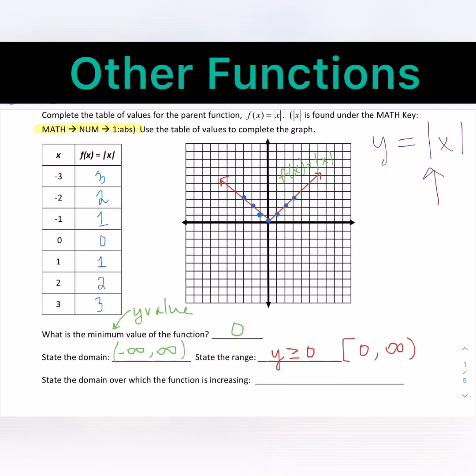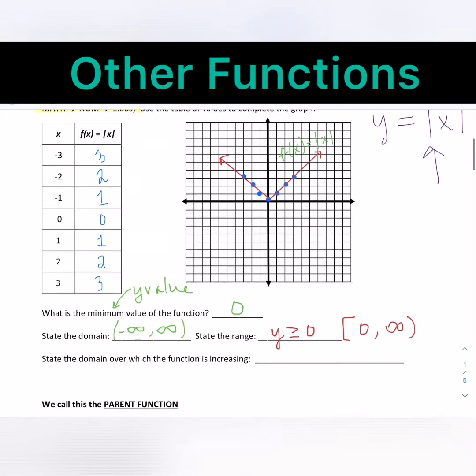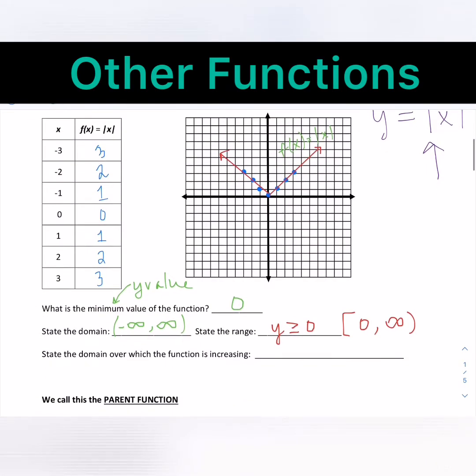All right, and the last question here is, state the domain over which the function is increasing. Now, I want you to look along this graph. Let me change the color so you can see this clearly. This function is decreasing, decreasing, decreasing until it hits a minimum.